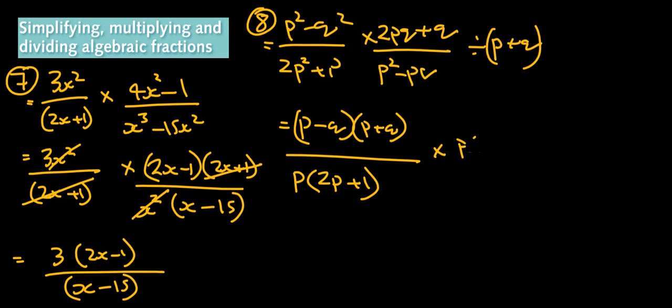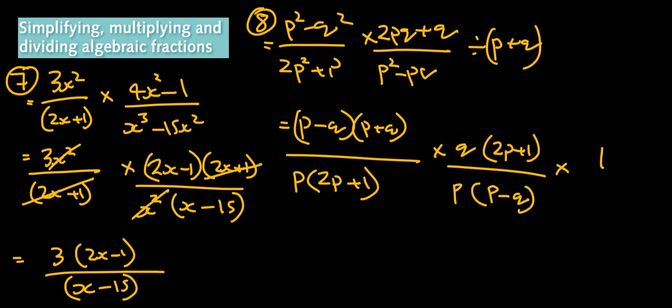We take a q out. And hopefully you can see the cancellations already. Take out a p to give p minus q, and we can write that as 1 over p plus q.